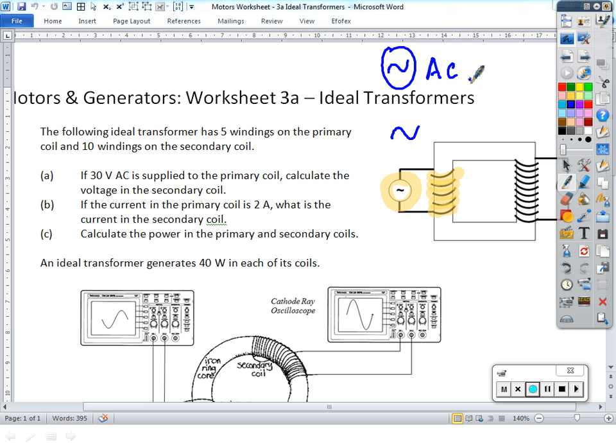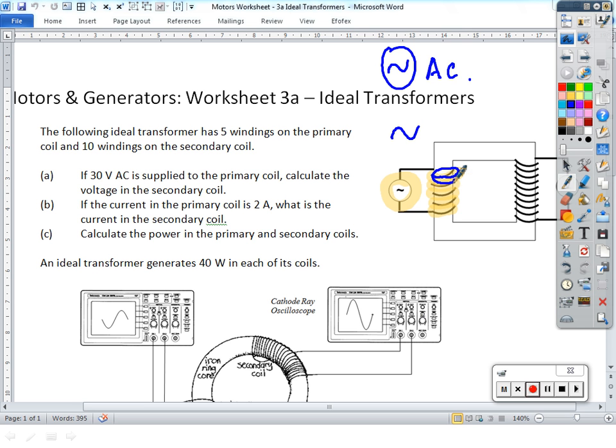Okay? Now, my question to you is, why does a transformer require alternating current? Right, good. We need alternating current because what is formed over here? This is a coil of wire.